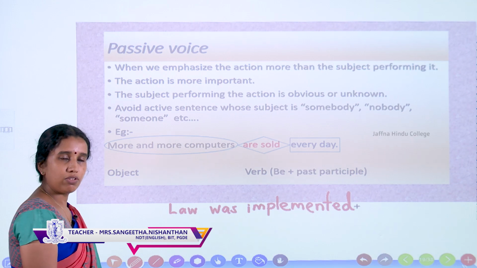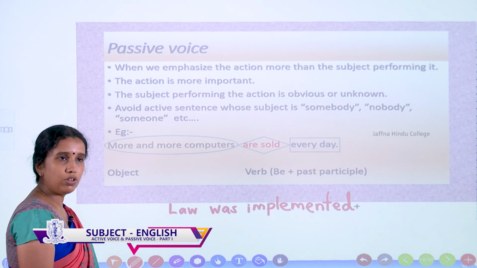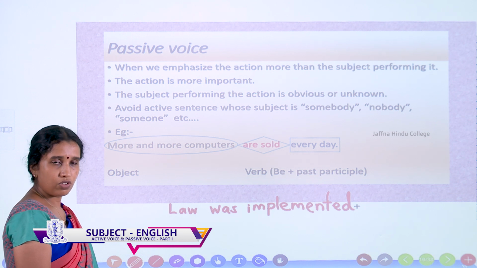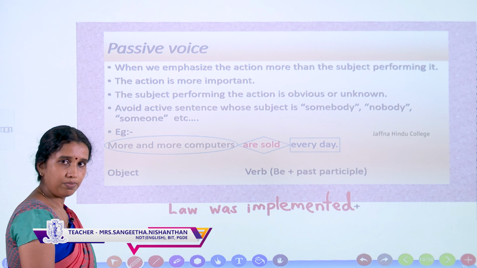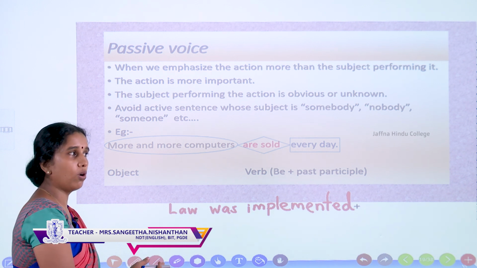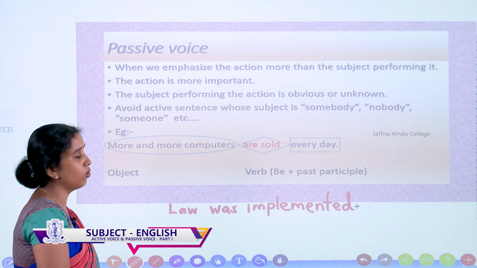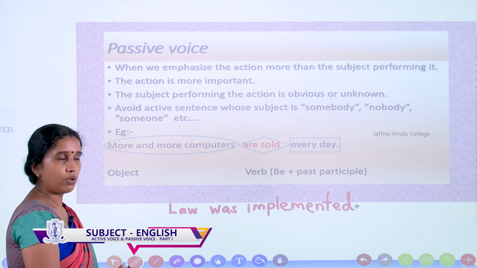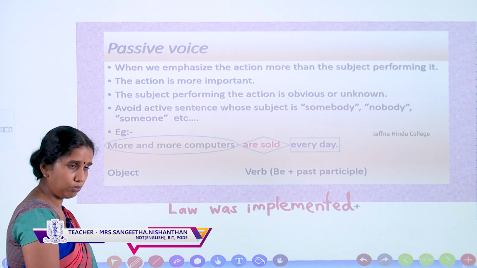It is in passive voice. We everybody know the government implements the law. So, there is no need to mention the subject here, but the action performed is important for us. What happened? The law was implemented. So, the performed action is given importance here, but not the subject.